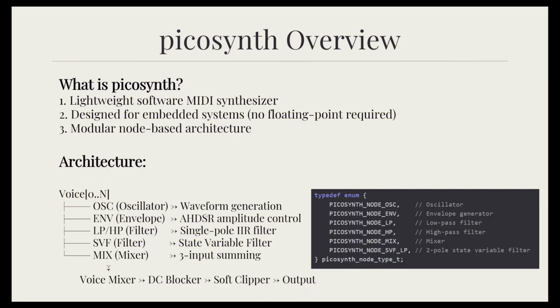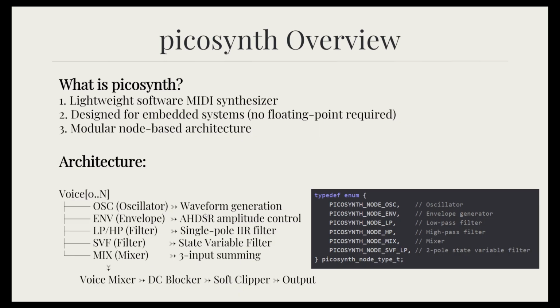In terms of structure, PicoSynth is built as a simple processing chain for each voice. Each voice has an oscillator to generate a waveform and an envelope to control volume over time. Then come the filters, such as low pass, high pass, or a state variable filter. Then the voice signals are mixed together.